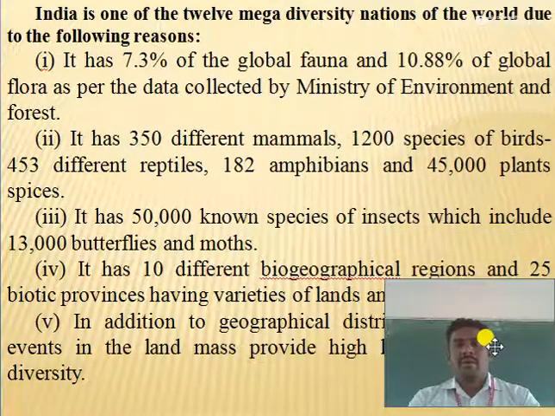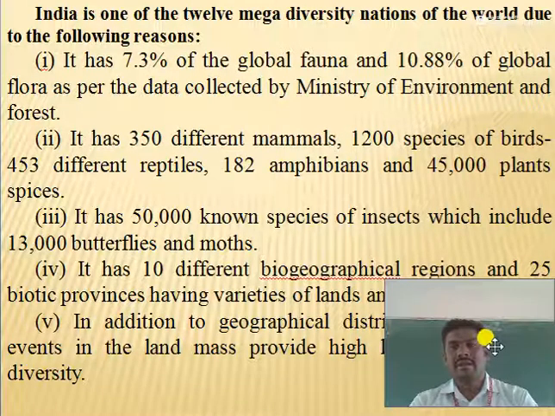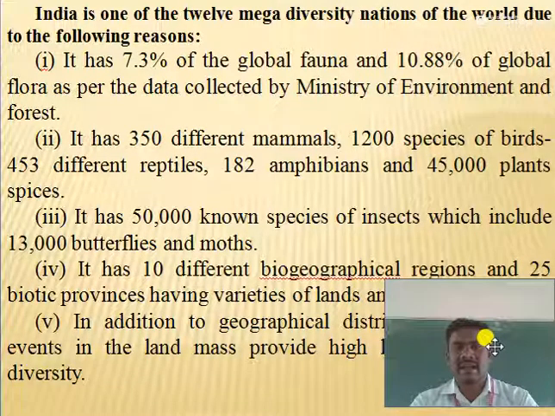India is one of the 12 mega biodiversity nations of the world due to the following reasons. The first one is it has 7.3% of global fauna and 10.88% of global flora as per the data collected by the Ministry of Environment and Forest.